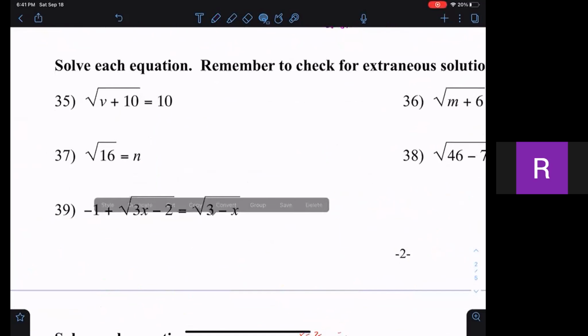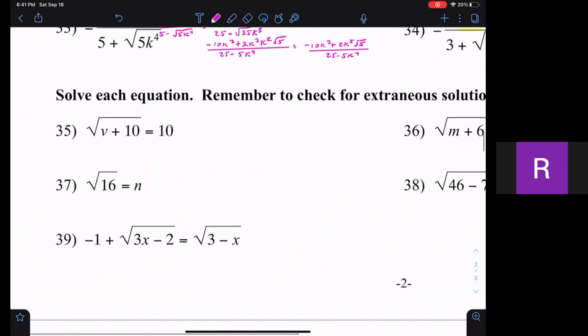No problem. So square both sides. This cancels out. So this is b plus 10 equals 100. You subtract 10 in both sides, you get 90, right? If you plug 90 in there, you're going to get your answer, right? Right, because 90 plus 10 is 100, square root of 100 is 10.